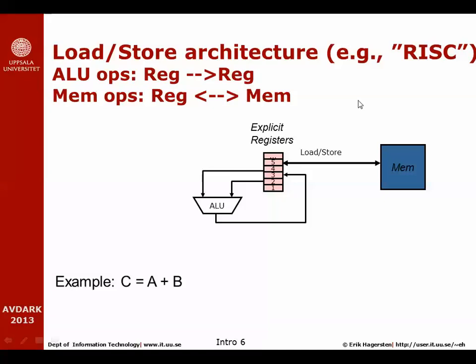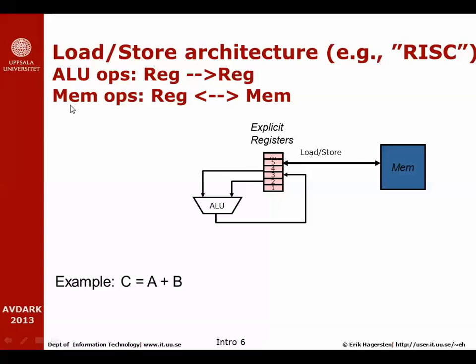So a traditional way of executing instructions inside a CPU is what's called a load store architecture, where we have some instructions which are ALU instructions that perform operations on register values and store the result into register values.